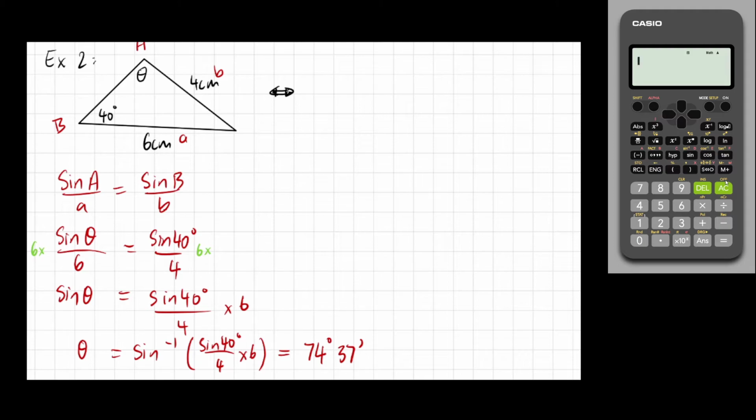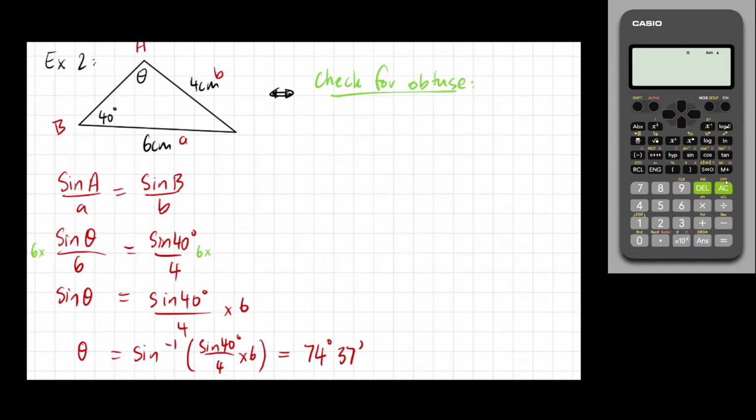The way I do that is I take my answer and subtract it from 180 degrees and see if that works. So we're going to check for the obtuse now. We're going to do 180 degrees minus 74 degrees, 37 minutes.